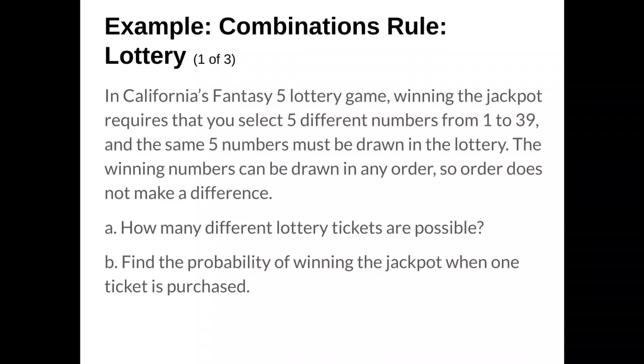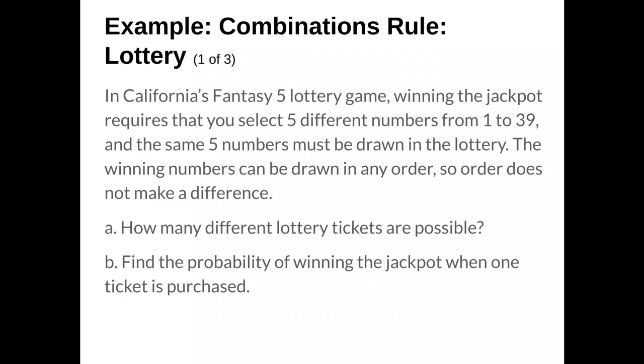So this is just like many of the other ones we've done in these examples. It's just 1 divided by the number of ways it can happen. Since we have 1 to 39, that gives us 39 total numbers, and we need to choose 5. So we're just going to use our calculators to do this. We type 39, go to math, over to probability, and choose nCr. So right now your screen should say something like 39 nCr, and then we want to choose 5.